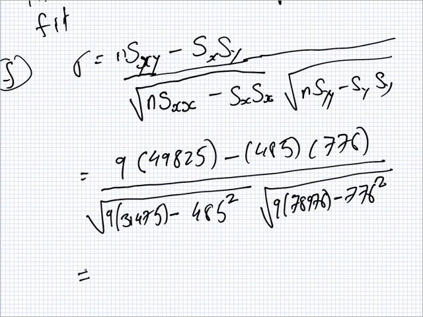Yeah, I must have typed something wrong. 9 times 49825 minus 485 times 776, all over square root 9 times 31475 minus 485.